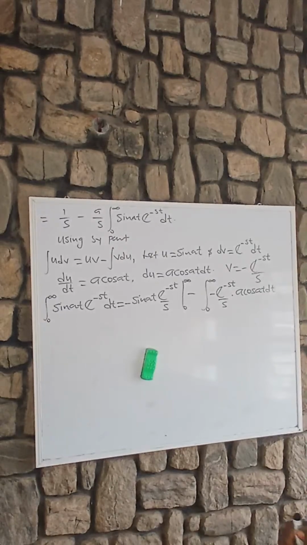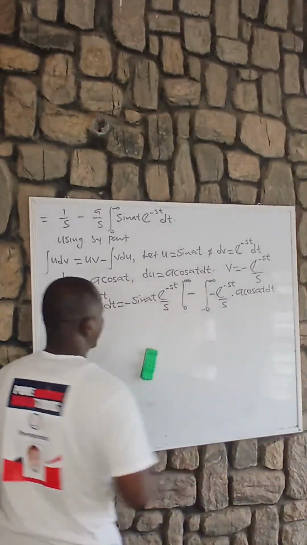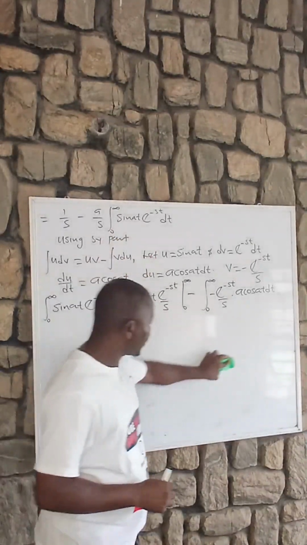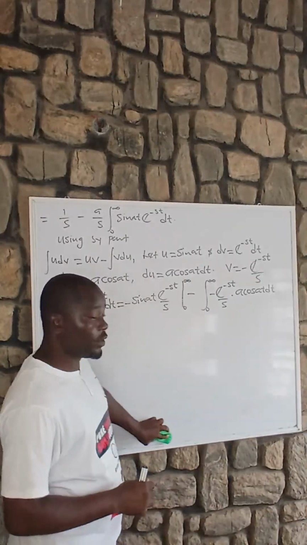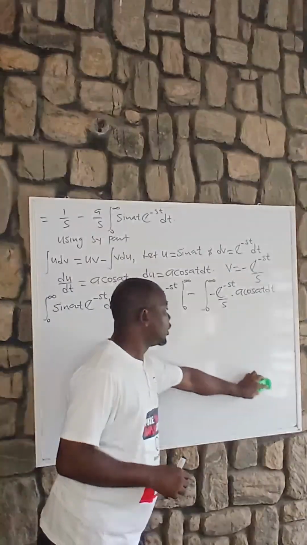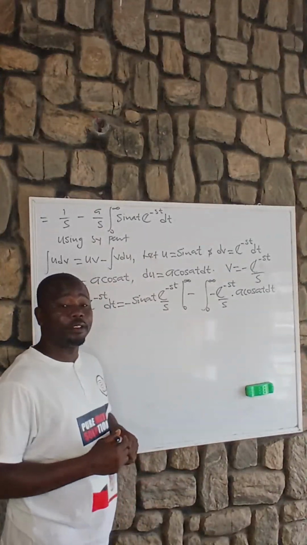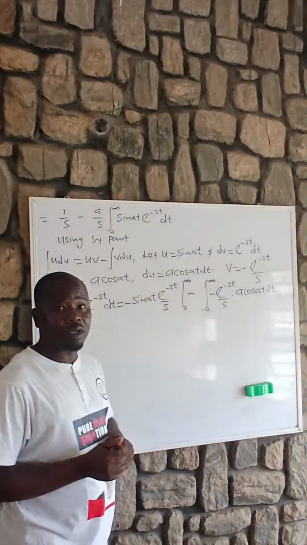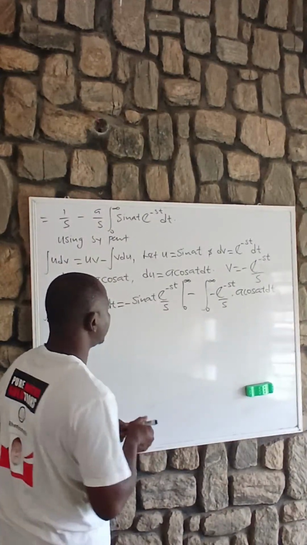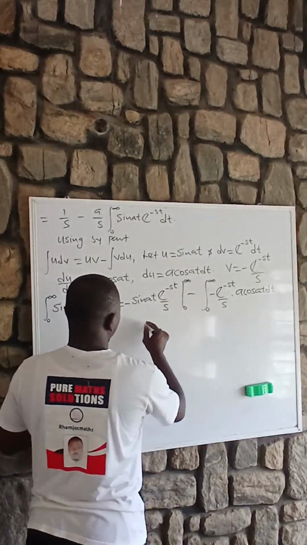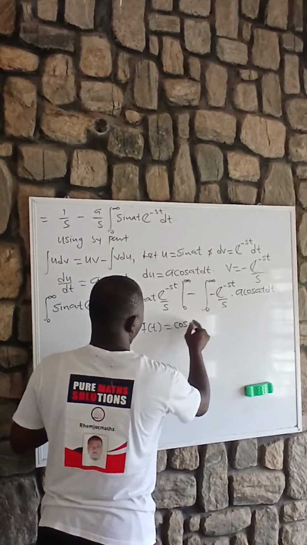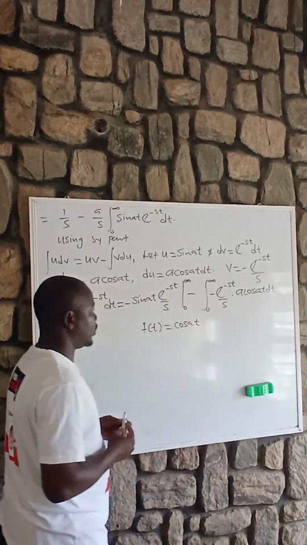This is what we are trying to solve, our first problem we solved this morning. It means this one is part 2 of that particular problem. The problem says find the Laplace transform of the function f of t equals cos at.